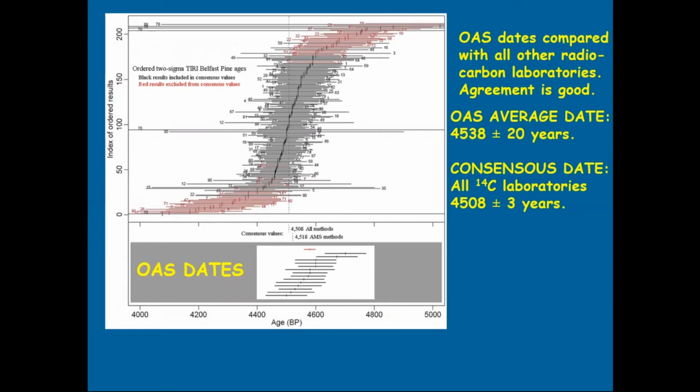And the consensus date from all the other radiocarbon labs is 4,508, and we get 4,538 years, which is complete agreement within the uncertainty of the measurement. So we're confident that we get the right answer. We've also used many other standards, some of which I may mention later.